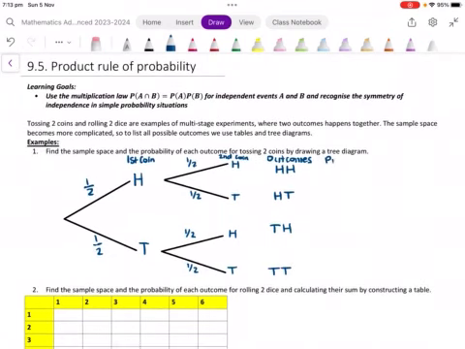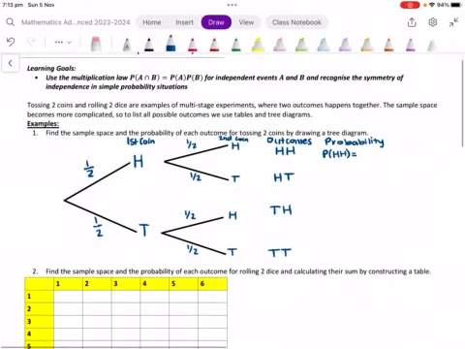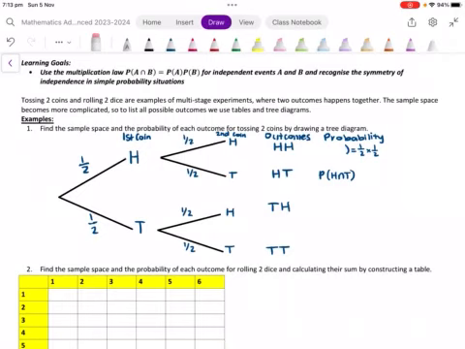We then find the probability of our outcomes by multiplying our branches of our tree diagram. So the probability of HH will be a half times a half. The probability of a H and a tail is the right way that I should write my probability now that we know this notation.